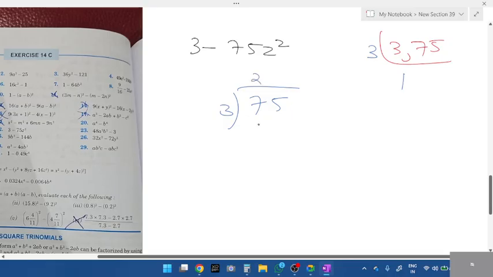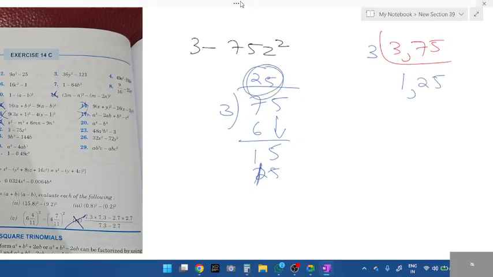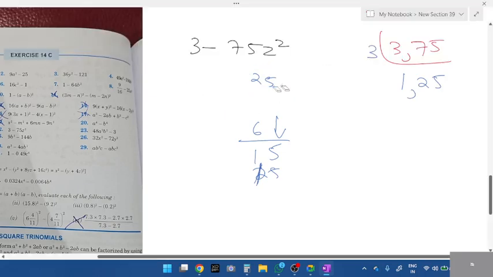3 twos are 6. 3 fives are 15. What's the quotient we have? 25. So the rule is you check how many terms are given. How many terms are there in this question? Two terms.